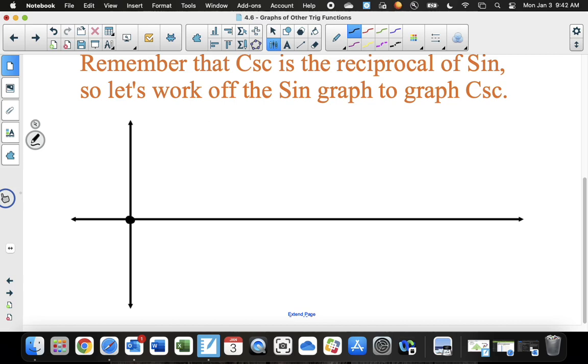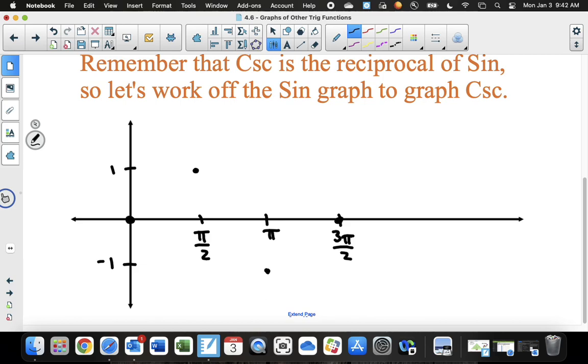Then, as you work your way through, at pi over 2, we are up here at our maximum of 1. Then we go another pi over 2 to pi, and we are down here at our minimum of -1. Then we go to 3 pi over 2, back to a midline point again.